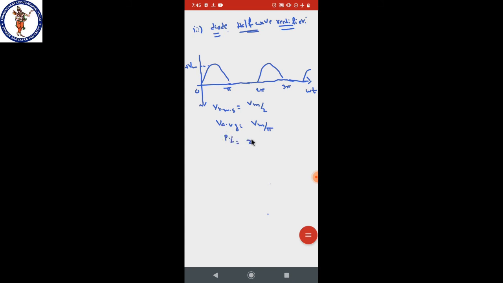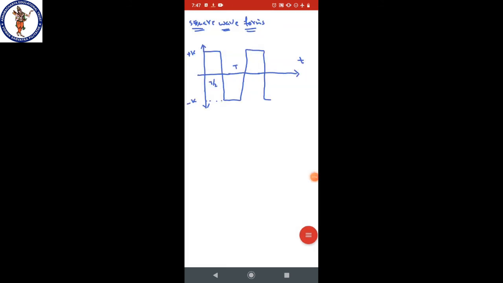Peak factor equal to 2, form factor equal to 1.57, peak to peak value equal to Vm. This is a sinusoidal waveform. Next you go for the triangular waveforms. Once I will go for the triangular waveforms.